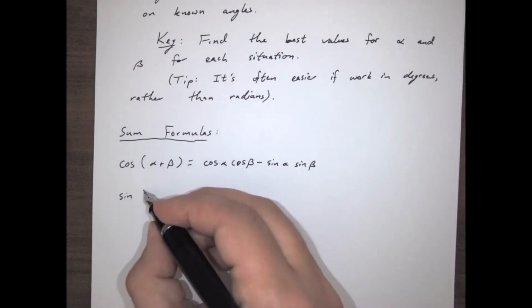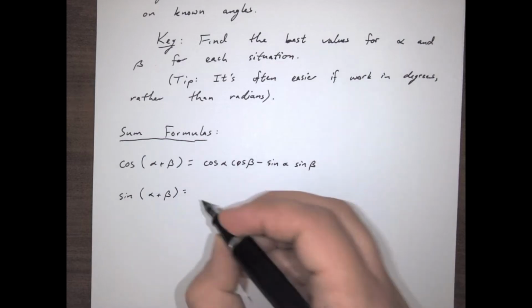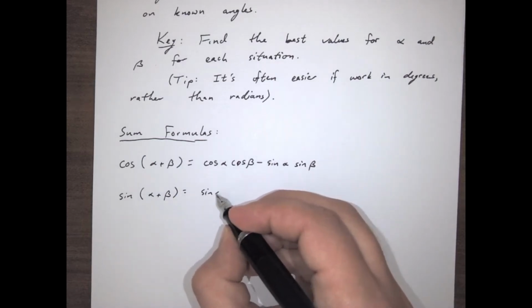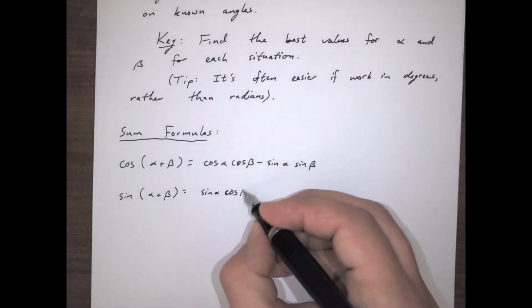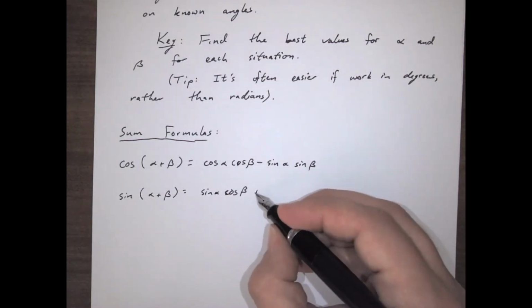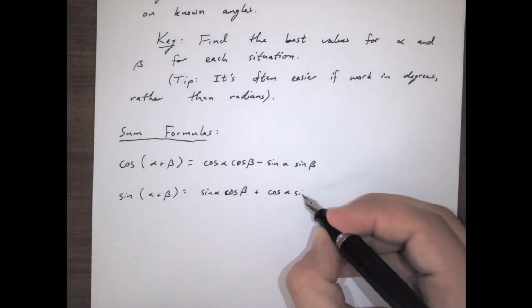And then sine of alpha plus beta is sine alpha cosine beta plus cosine alpha sine beta.